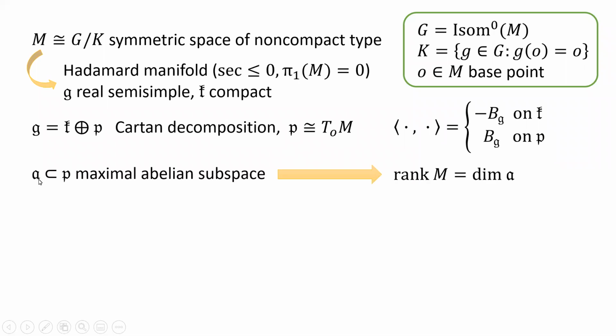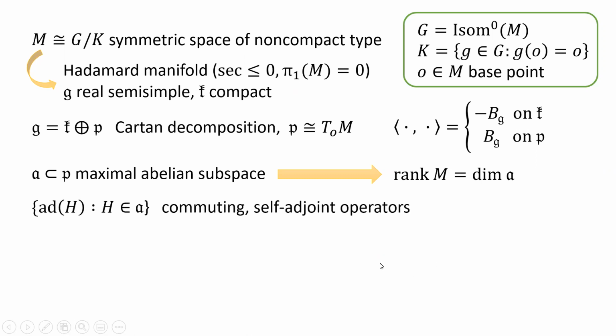Okay, now we consider a maximal abelian subspace a of p. All such subspaces have the same dimension, which is, by definition, the rank of the symmetric space. If you exponentiate these subspaces, you get the maximal flats, the maximal totally geodesic and flat submanifolds of M. Okay, now if you consider this family of endomorphisms of g, the bracket with elements in a, these endomorphisms are self-adjoint with respect to the inner product, and they commute with each other.